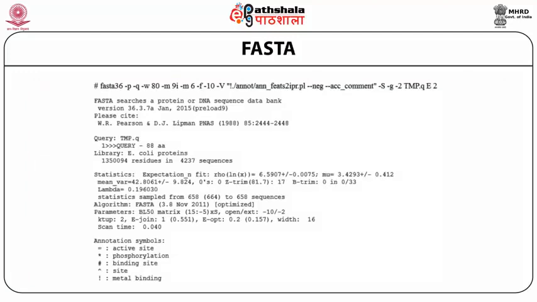The results will appear in the ensuing page and are interpreted in the same way as for S search. The first section has general information of parameters, second section has list of hits, third section has actual alignment, and finally statistics of the search.